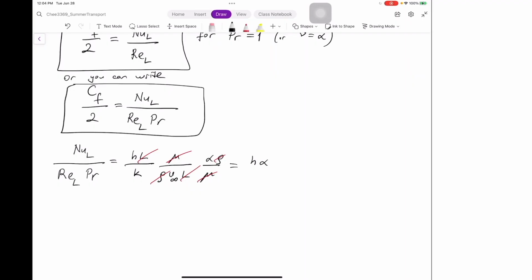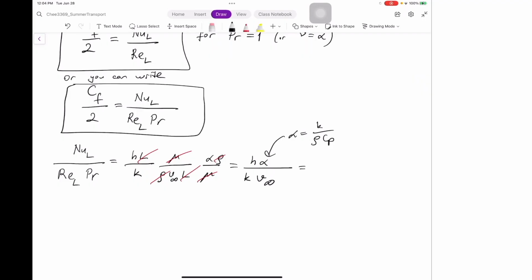alpha over k V infinity, right? Okay. And instead of alpha over k, you can write alpha is k over rho Cp, right?